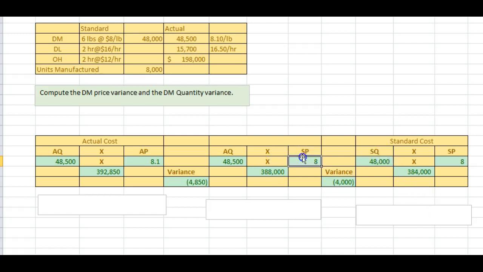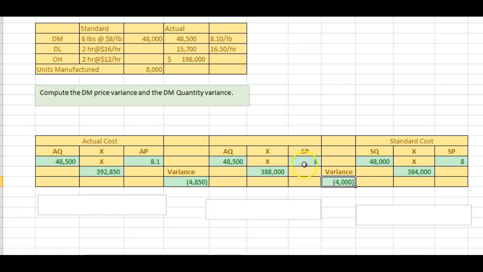The price variance was $4,850, and another $4,000 was due to the quantity because it was different. So you can decide how much I lost because of the price, and how much I lost because of the quantity.